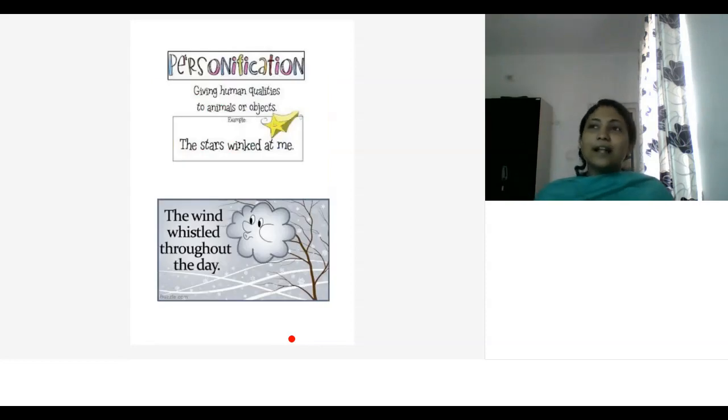Now, we come to another very useful kind of literary device, which is called personification. What's personification? Quite literally, you can understand the meaning of personification. Personify: you are giving certain human attributes to something which is non-human. For example, at night you look up at the sky and you see stars, and you imagine that those stars are winking at you.